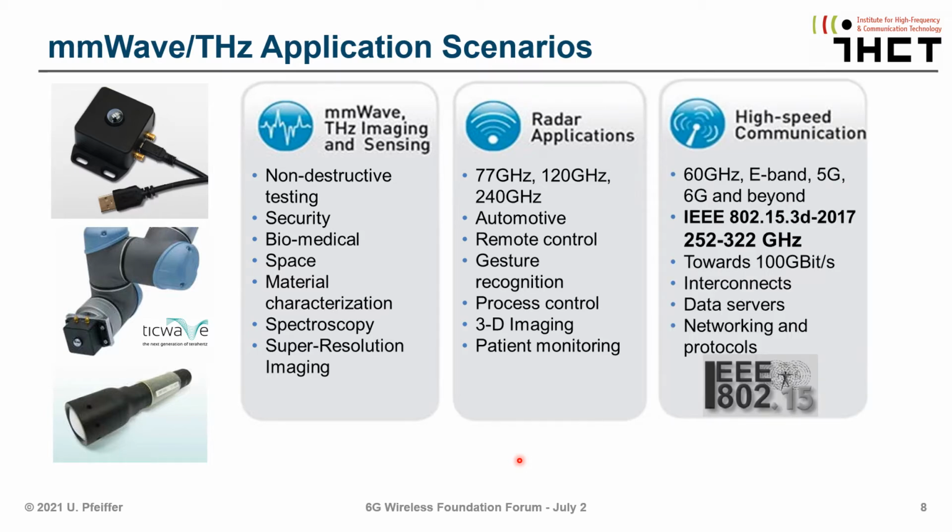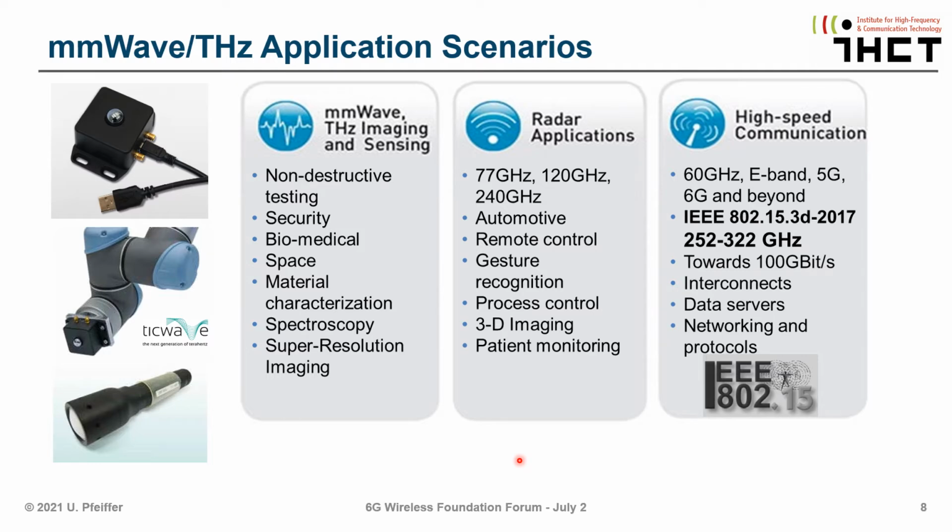But of course, we are talking mostly here about high-speed communication, and you have seen that there are other bands that have been addressed over the past. But really, there's this new IEEE 802.15.3d working group that defined in 2017 the frequency band of 252 to 322 gigahertz for THz communication, and that can of course be an interesting band for 6G, where you will see data rates of 100 gigabits per second possible.